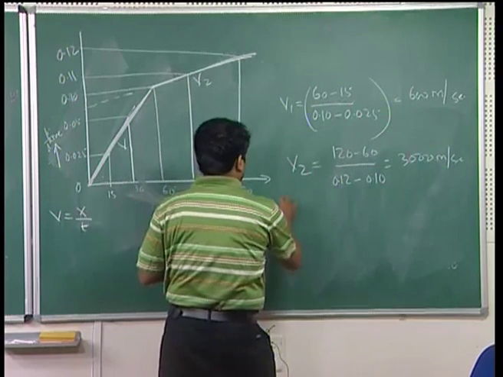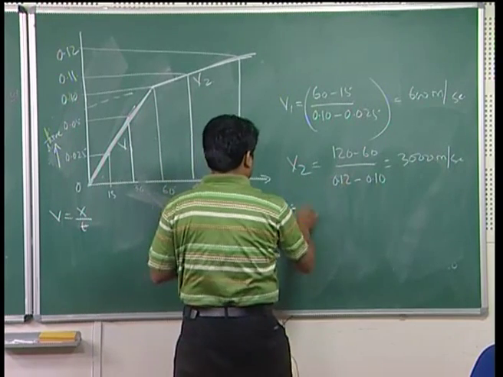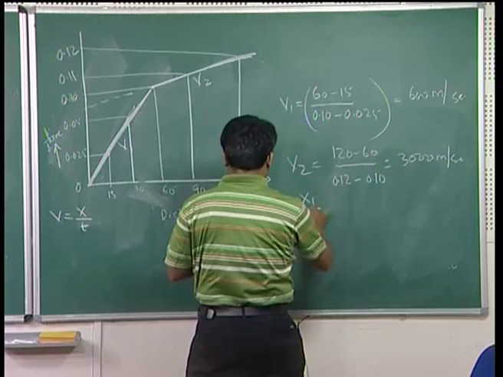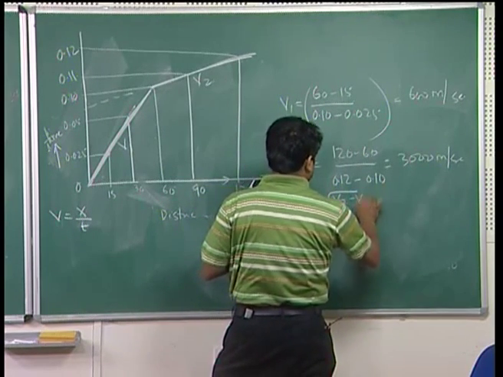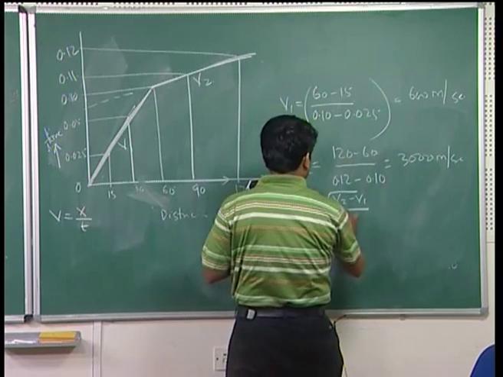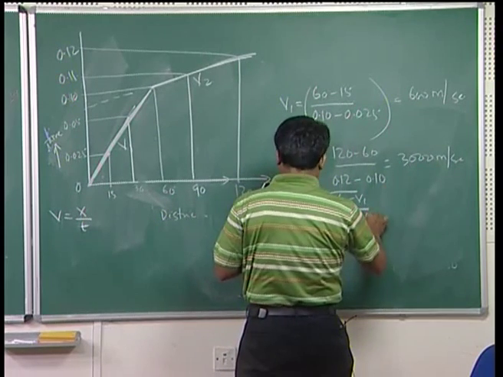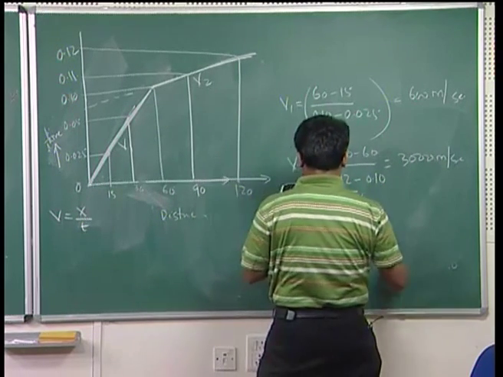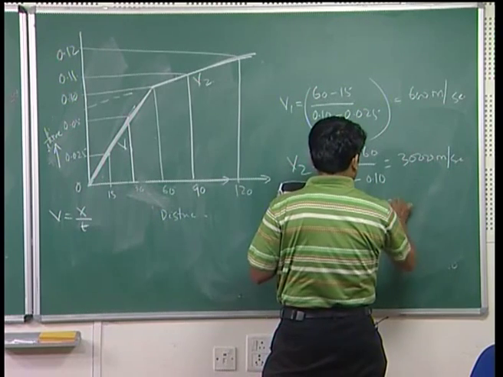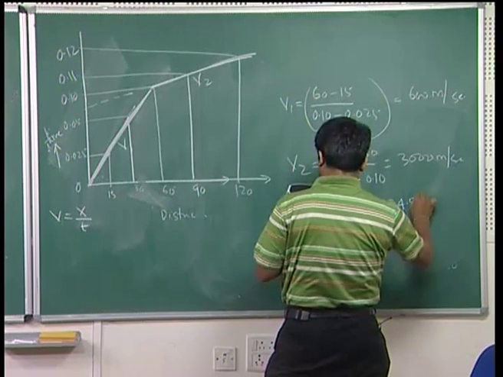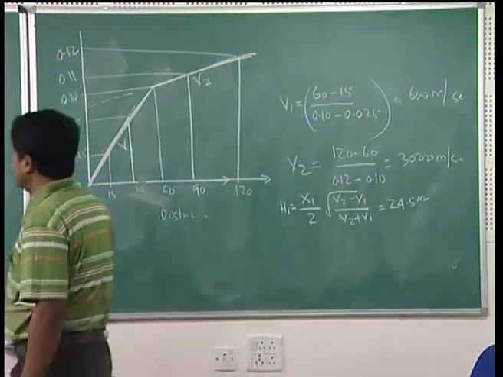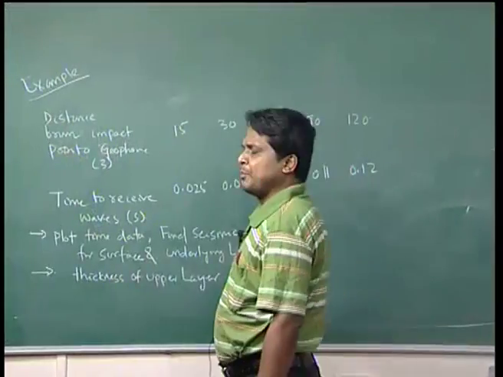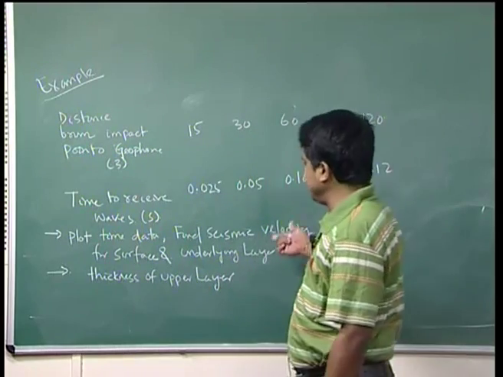Now, find H1, which is equal to x1 by 2 times the square root of (V2 minus V1) by (V2 plus V1). So, this is equal to 24.5 meter. As only the thickness of the upper layer has been asked in the question, the thickness of the lower layer you can calculate too.